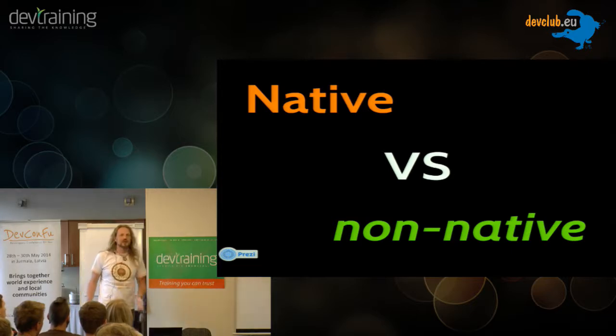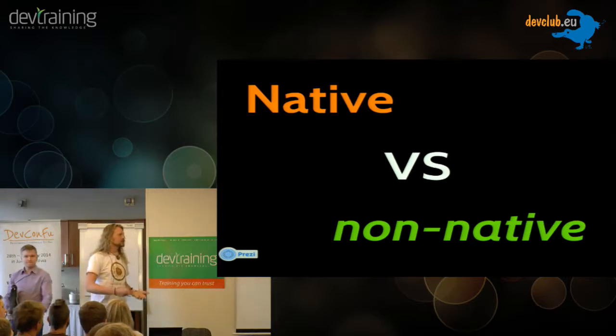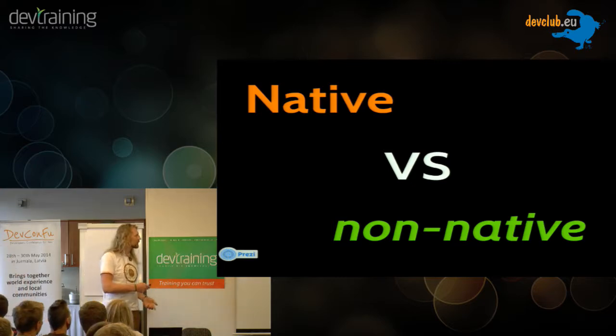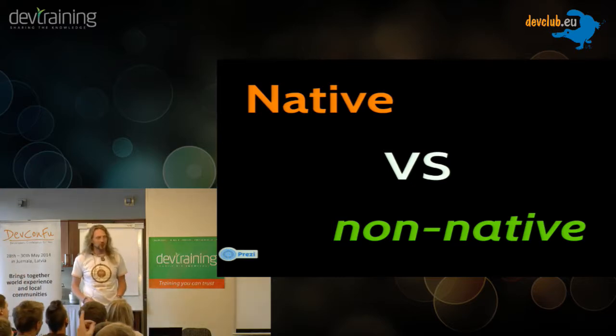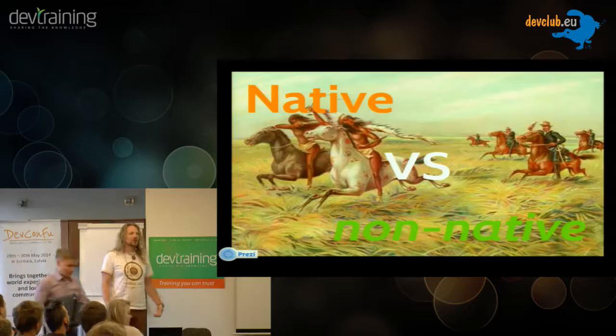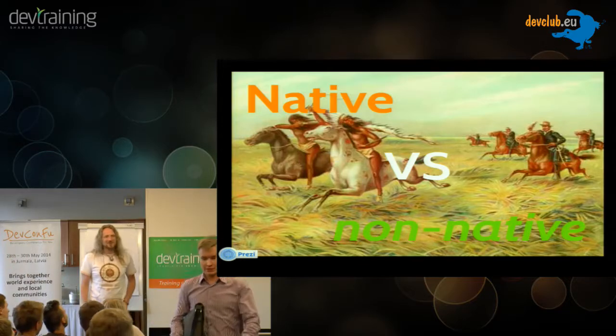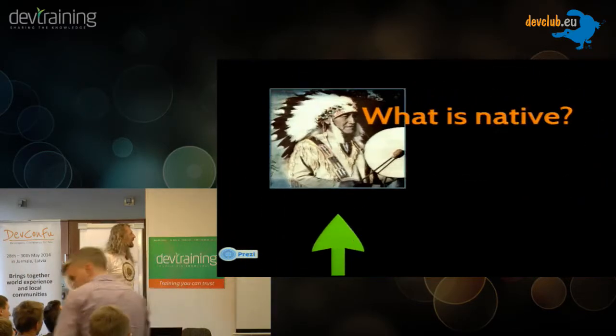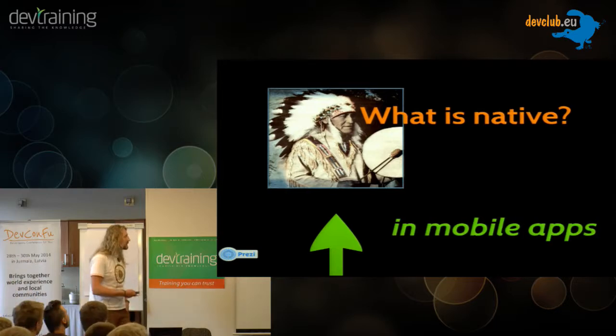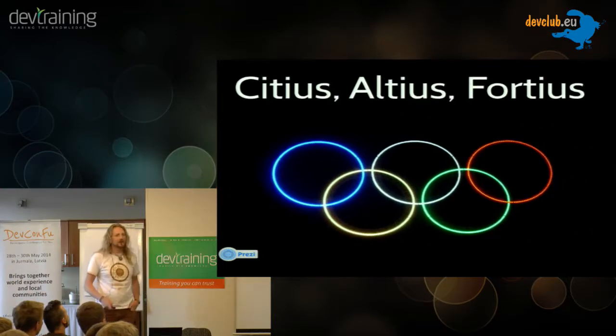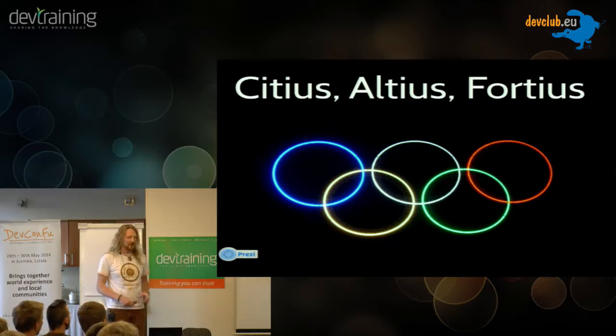So usually when people think about starting a mobile app, they think about doing native or non-native. What does it basically mean? Native in mobile apps means, usually, the reasons people use are like at the past Olympic Games.